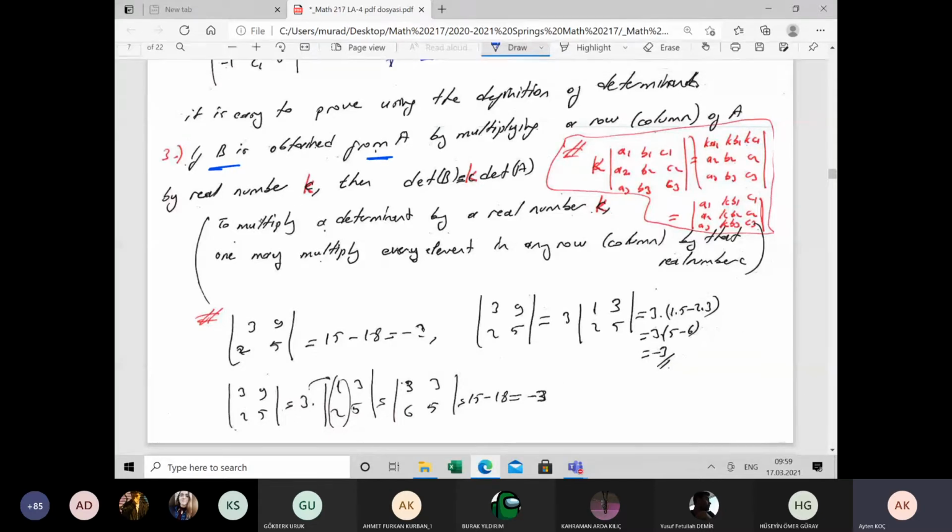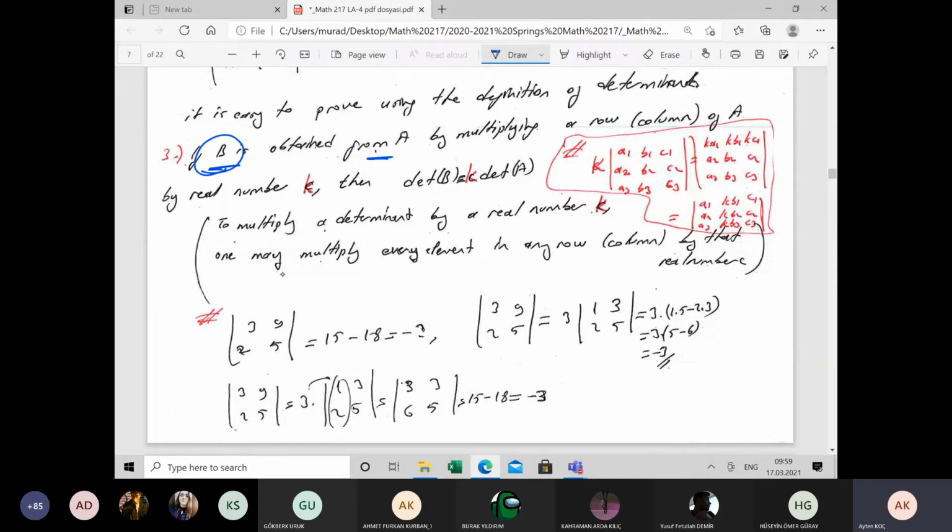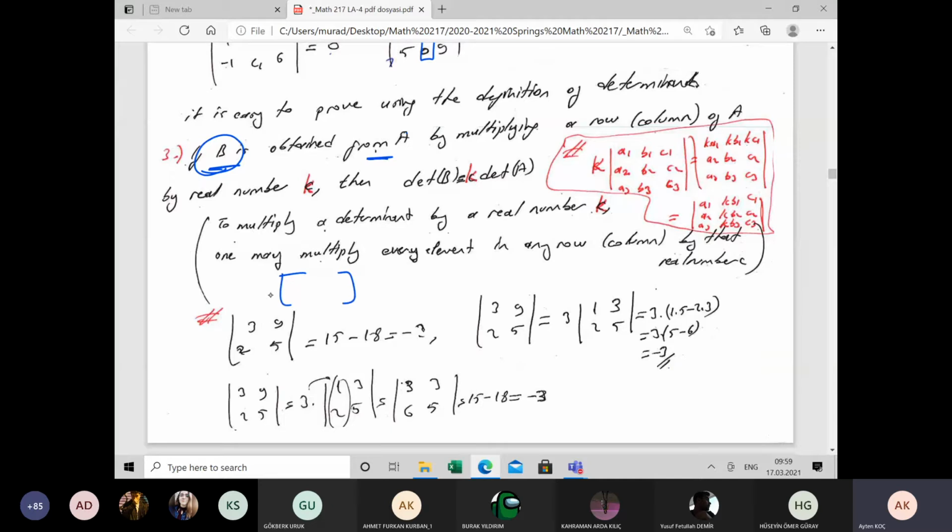Which operation here? Choose one row of A, for example this row, and multiply it by any real number K. So this is row equivalent to another matrix, and the new matrix is called, for example, B.